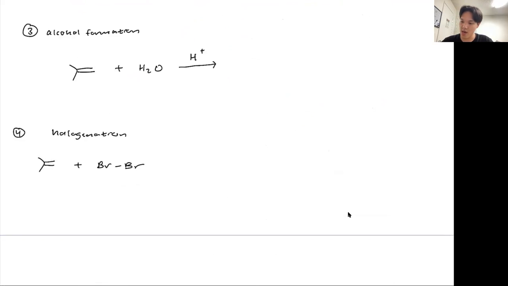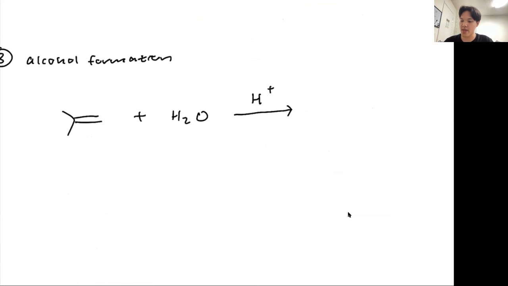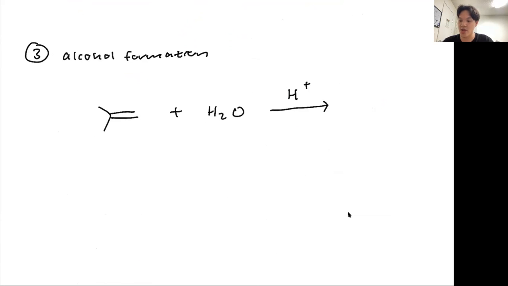So let's go on to how we can form alcohols with them. Here we have an alkene, again, with water, and we're reacting it under acidic conditions. So the first step is: this alkene can't react with the water, because although the electronegativity difference is very large, we have a much larger acid in the way.